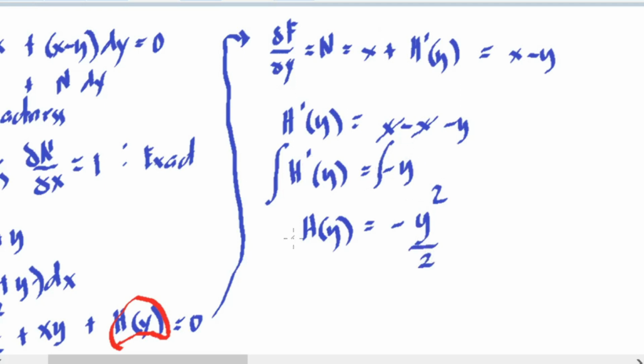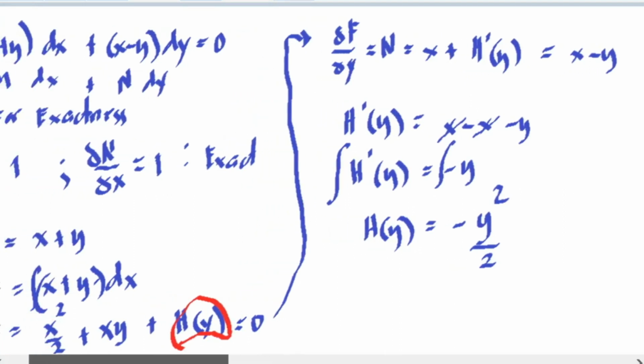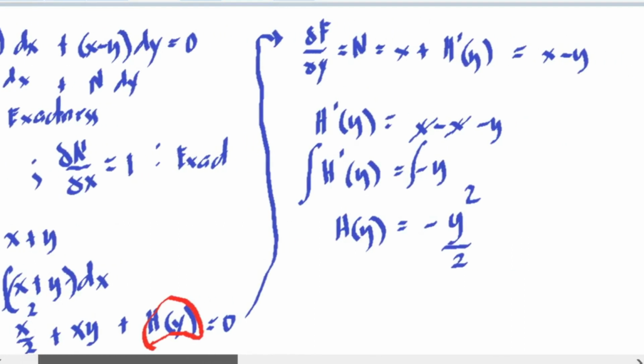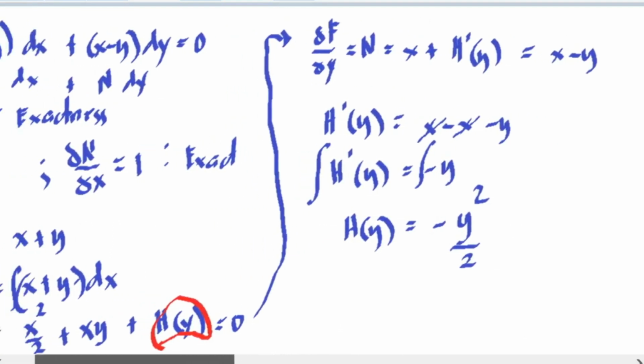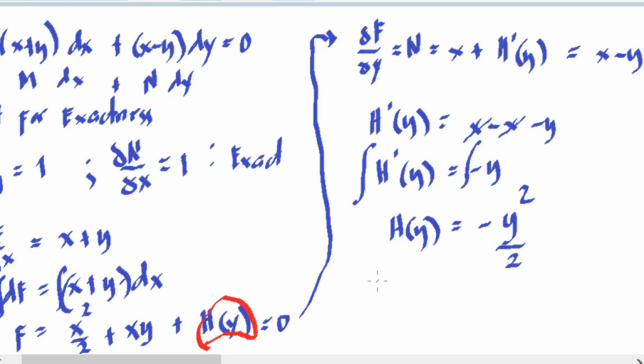Did you get it? Now we put it in here already. Taking the integral, that is x squared over 2 plus xy minus, what is our h of y, y squared over 2, and f is equal to c.